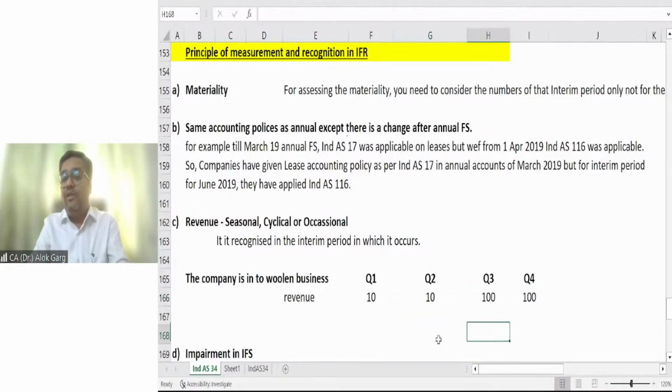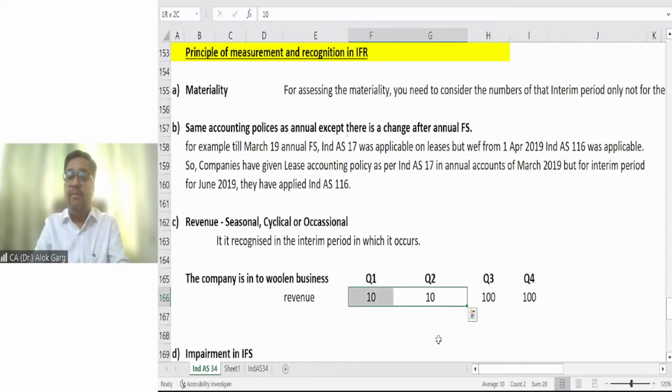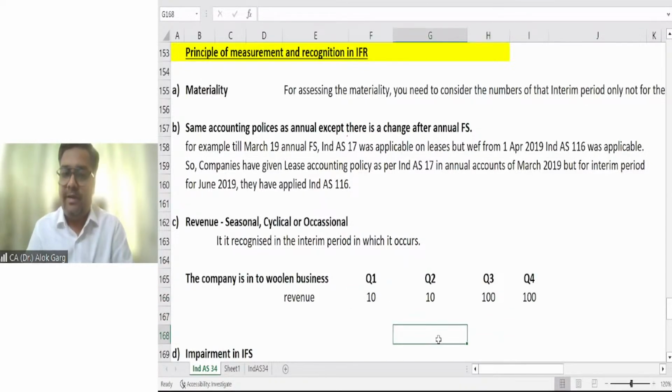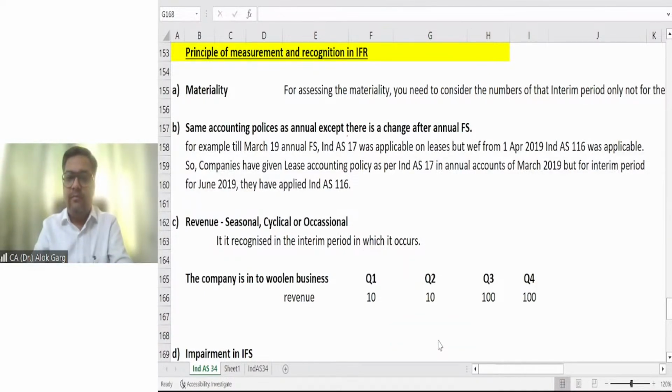But in Q3 and Q4, the revenue is much larger in comparison to Q1 and Q2, right? Clear? Is that clear, friends?